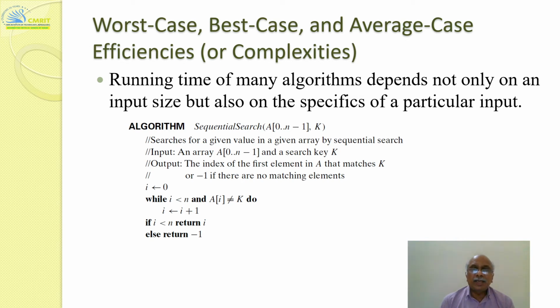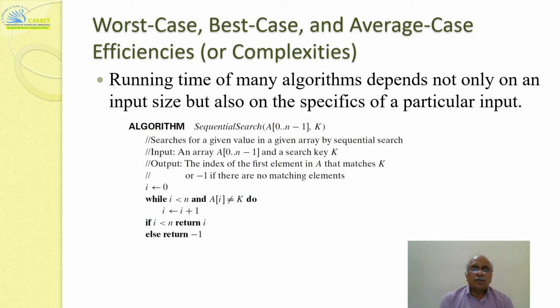And if it doesn't match, you keep on iterating over the array until i becomes n. So as long as i is less than n and you have not found the key value, you keep on incrementing the index value. And you come out of the while loop if i becomes n or if you find the key value.